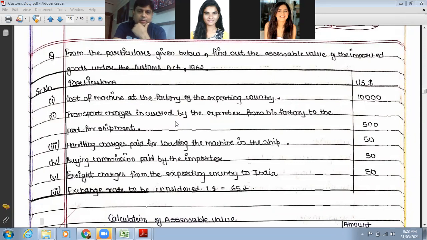Transportation charges incurred by the exporter from his factory to the port for shipment, 500. Handling charges paid for loading the machine into the ship, $50. Buying commission paid by the importer, 50. Freight charges from the exporting country to India is 50. If the exchange rate is $1 equals 65 rupees, get the value of the imported product.